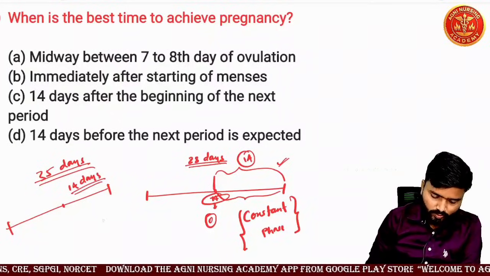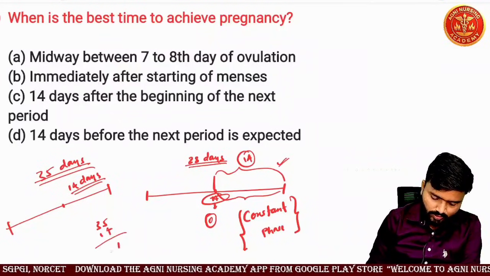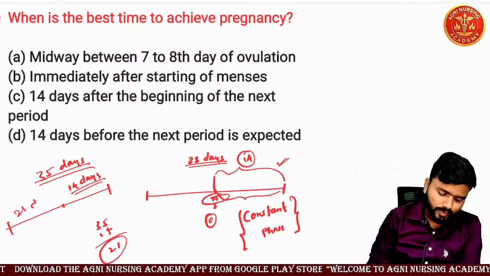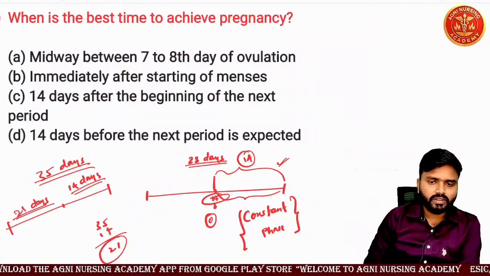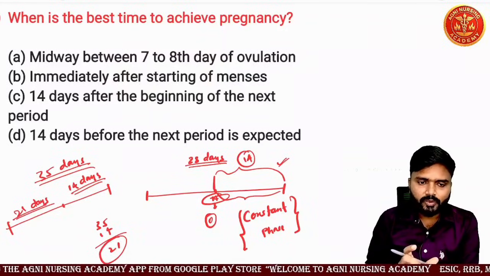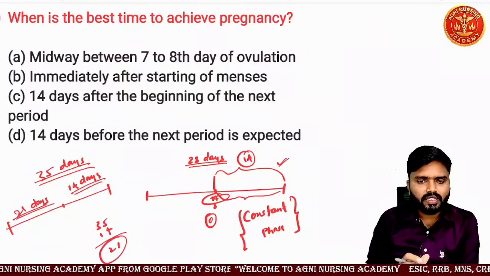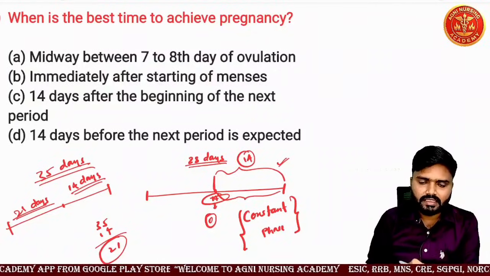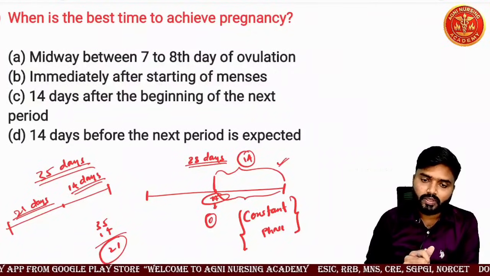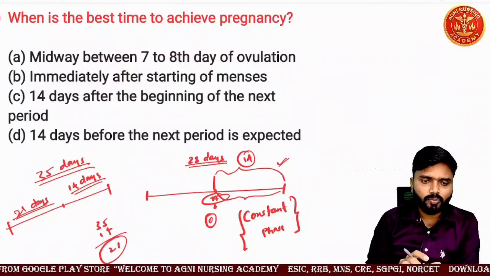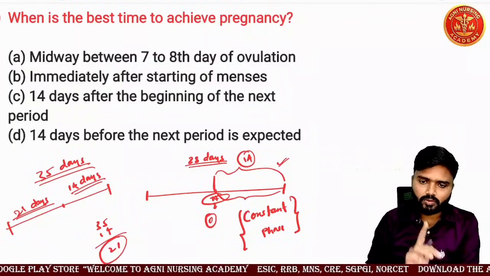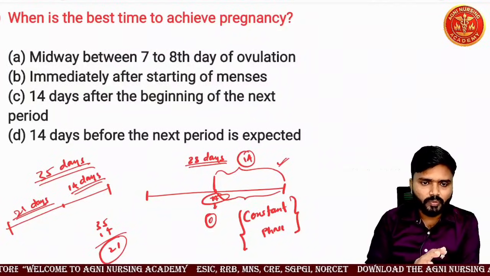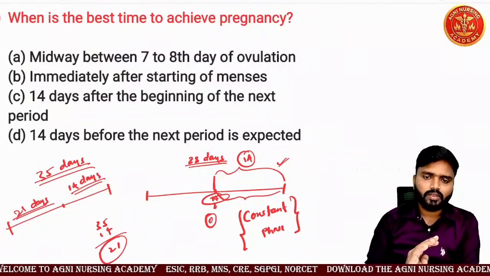So 35 minus 14 is 21. Here the first half of the cycle in that female is 21 days. Remember, always the second phase of the menstrual cycle, whether the cycle is 28 days, 30 days, 35 days or 40 days, may vary, but the second half of the cycle is always 14 days only. That's why we call the second half the constant phase of the menstrual cycle. Understood?